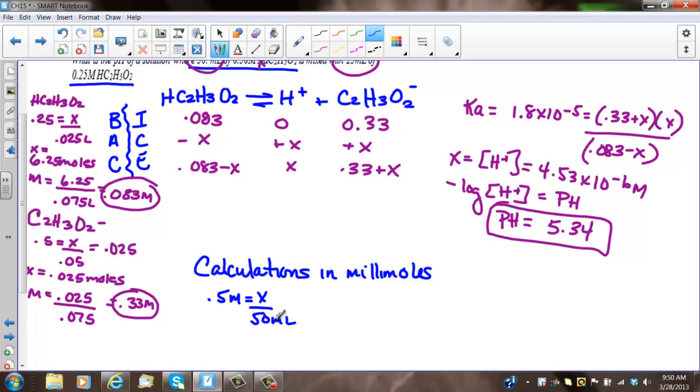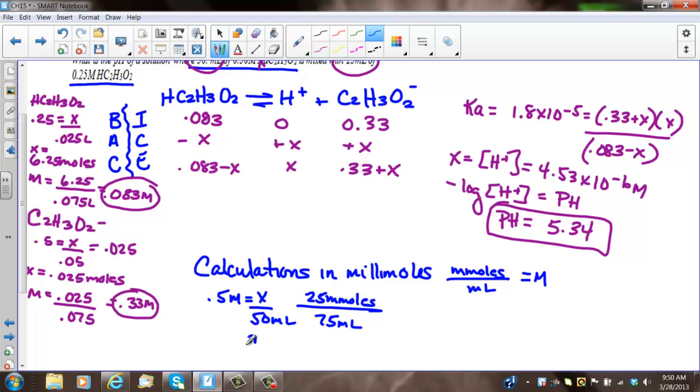So 0.5 times 50 is going to give me 25 millimoles, and that would be over 75 milliliters. Millimoles divided by milliliters gives me molarity. So I'll put that over here: millimoles divided by milliliters equals molarity. And this actually makes your life a whole lot easier.